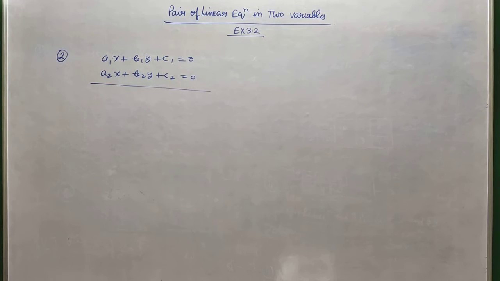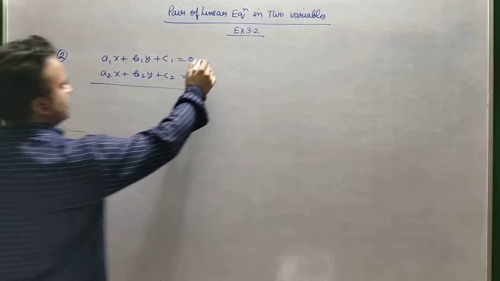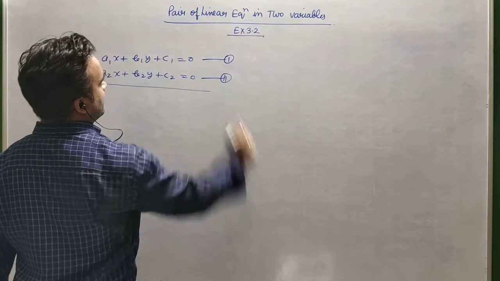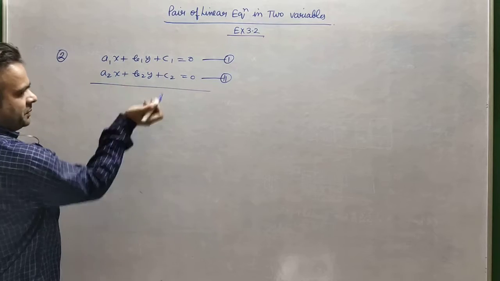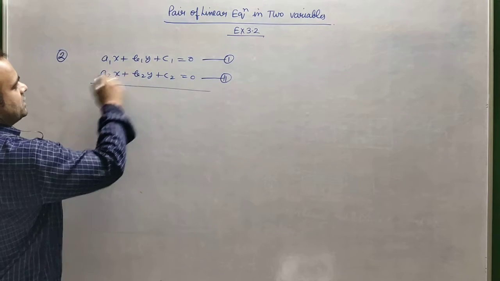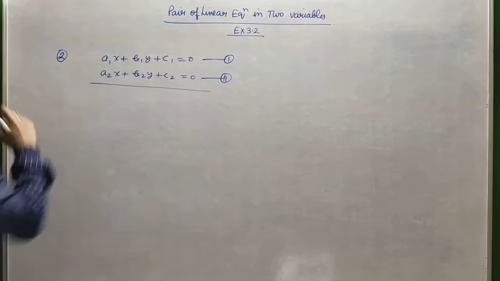So before starting question number 2, I want to tell you, suppose these are the general equations of linear equations, and you can see a1, b1, c1, a2, b2, c2 are constants, right?